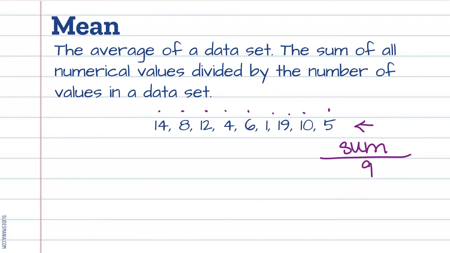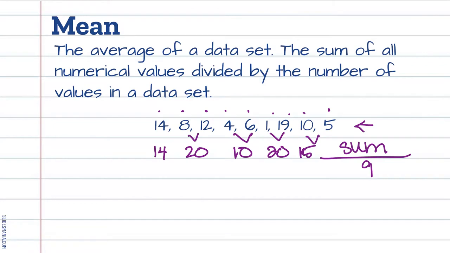So I'm going to add up all of the values. I see that 8 and 12 makes 20, 4 and 6 makes 10, 1 and 19 makes 20, and then 10 and 5 makes 15. And then I have my 14 in the front.